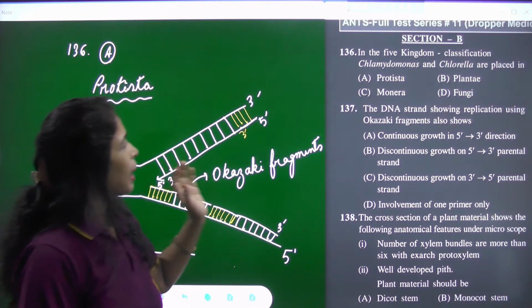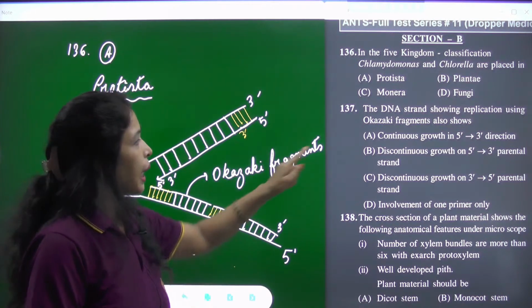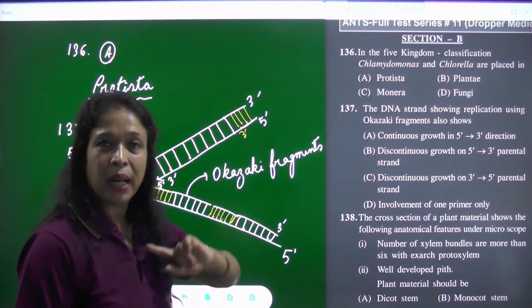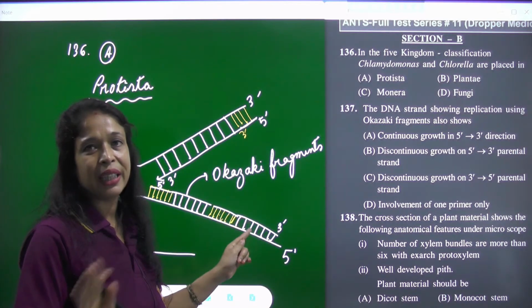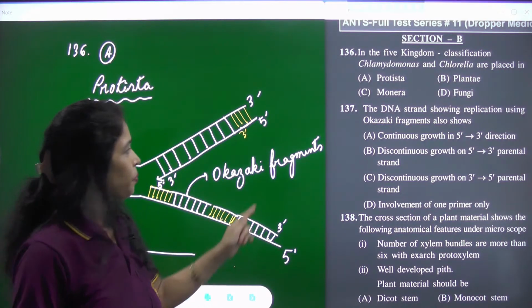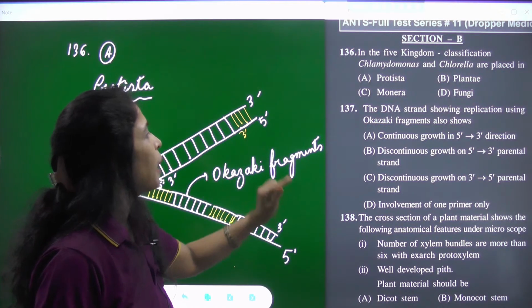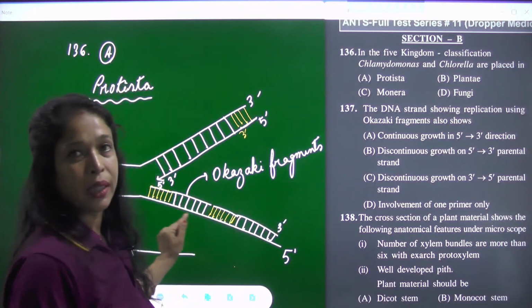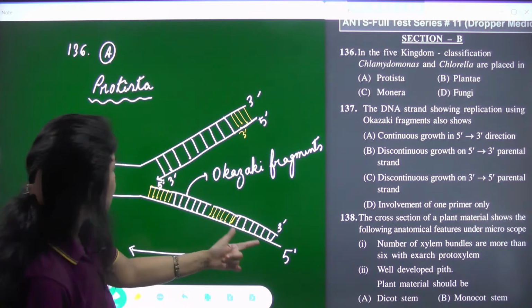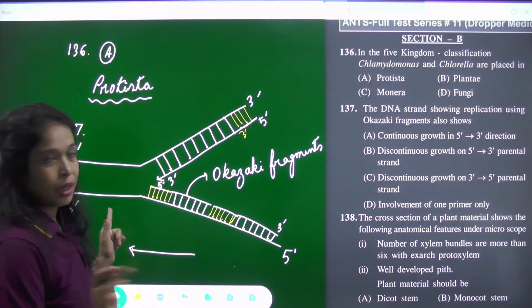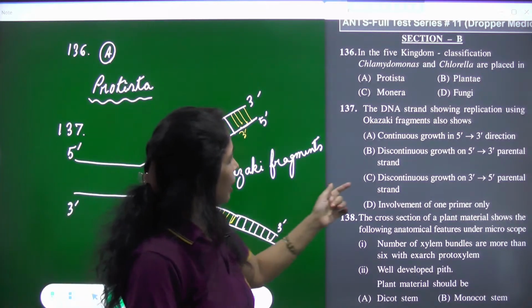So what is the question? Using Okazaki fragment also shows continuous growth in 5 prime 3 prime direction. No, Okazaki fragment is not continuous, it is discontinuous. Then, discontinuous growth on 5 prime 3 prime parental strand. Discontinuous yes, 5 prime 3 prime, correct. Second option may be correct. We will also go through the other ones.